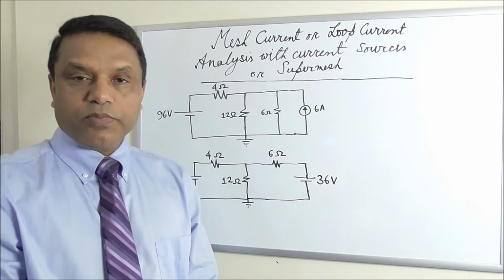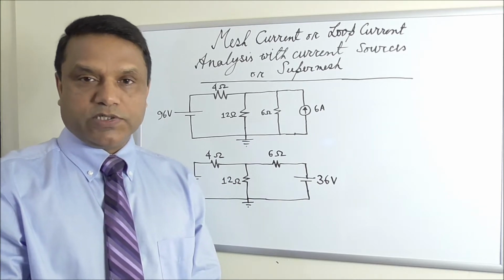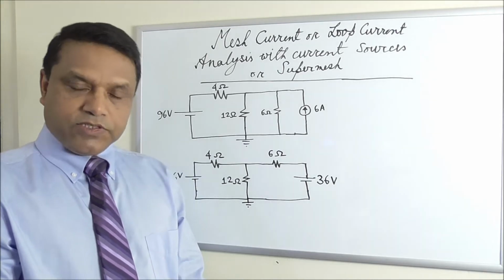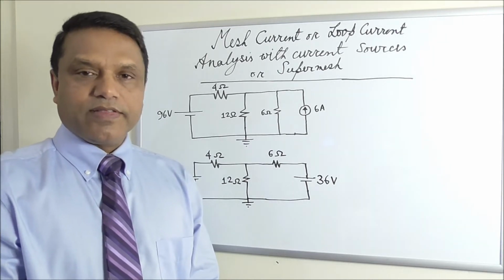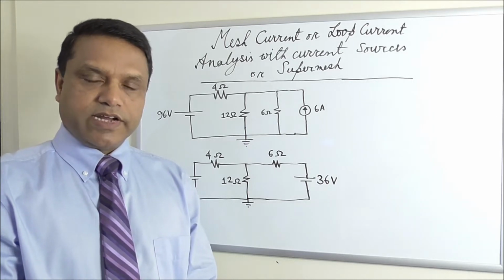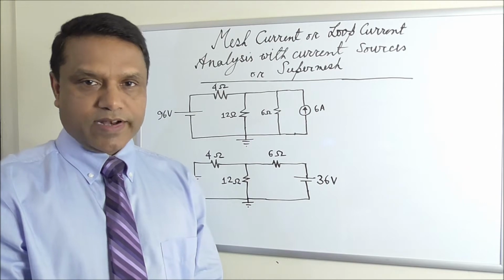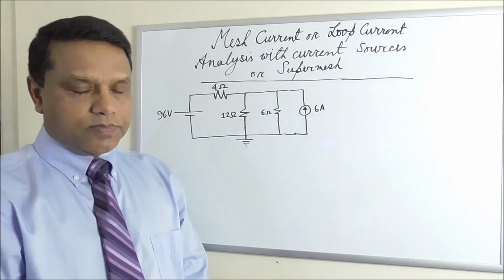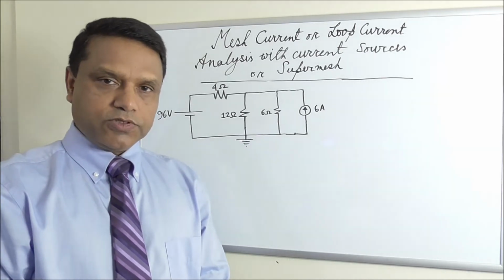So you will not be able to convert them to voltage sources. In that case, you have to use the technique that we are going to learn today, that is solving circuits with current sources using mesh analysis or loop analysis. So let's try to solve this circuit keeping the current source as it is.